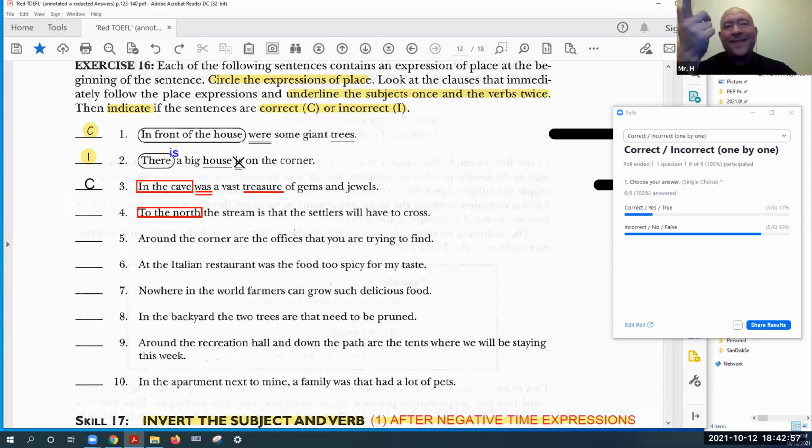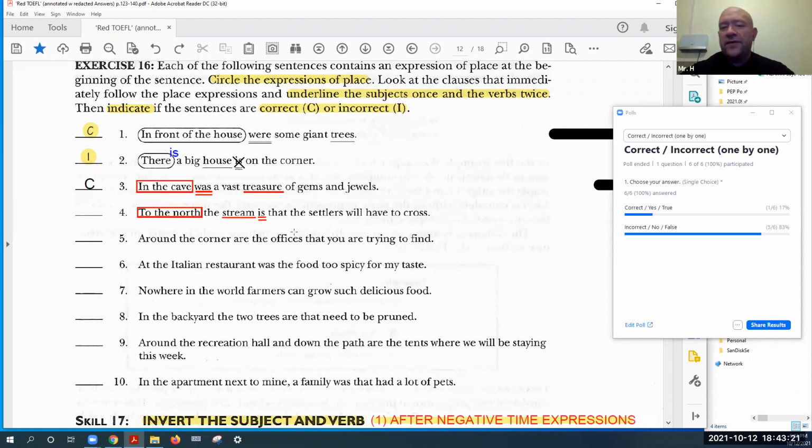There you go. Okay. Now, what comes next? A subject. What is it? The stream. And then the verb. Where is it? Is. Okay. So there we go. We have the stream is.